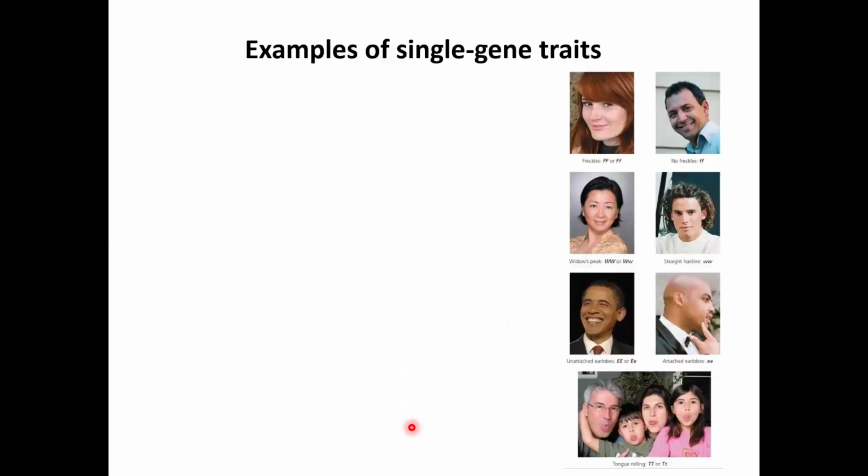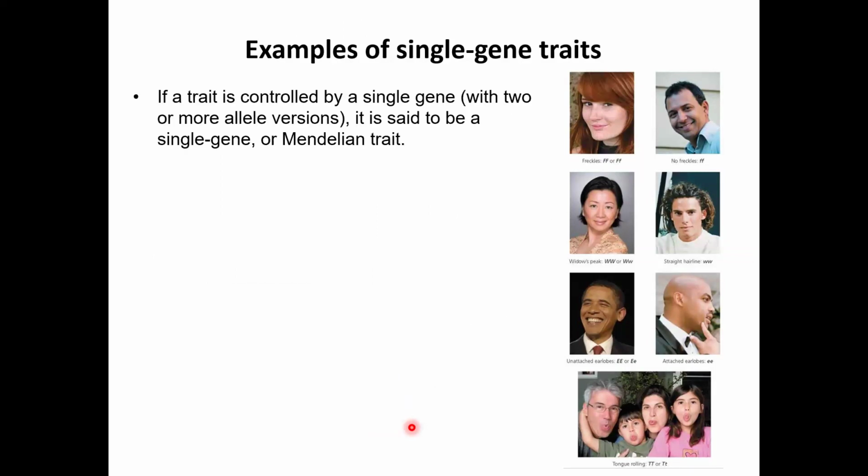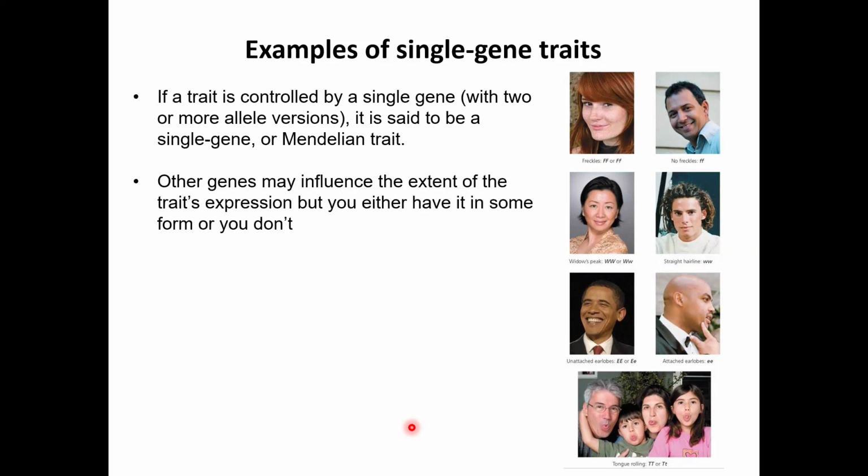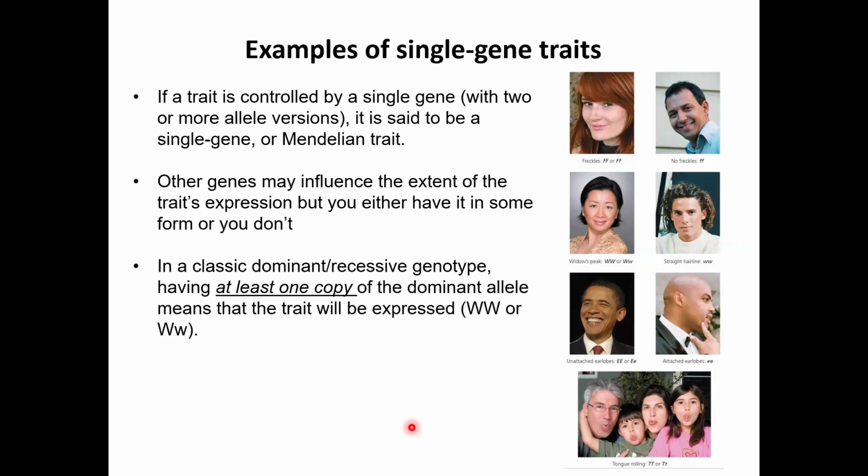So now there are things called single gene traits, where if a trait is controlled by a single gene, it is said to be a single gene or a Mendelian trait. Other genes may influence the extent of these traits' expressions, but you either have it in some form or you don't. It's one or the other.